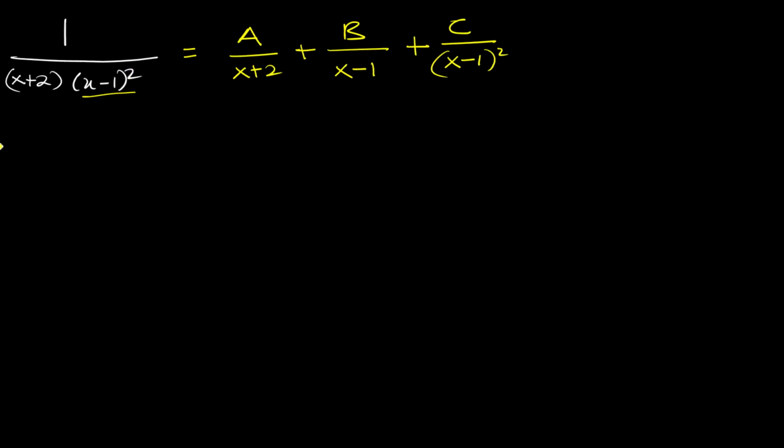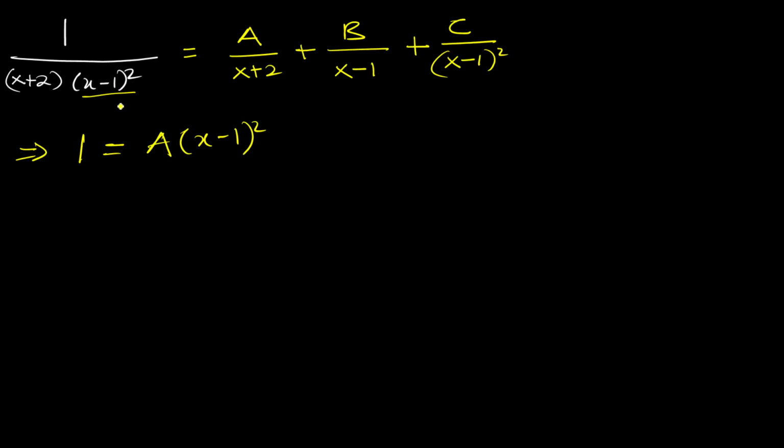Okay, so let's find the LCM. This is the LCM when you multiply. Now this side will be 1. So x plus 2 in the LCM will cancel itself, and I will leave x minus 1 all squared. So we have A times (x minus 1) squared.